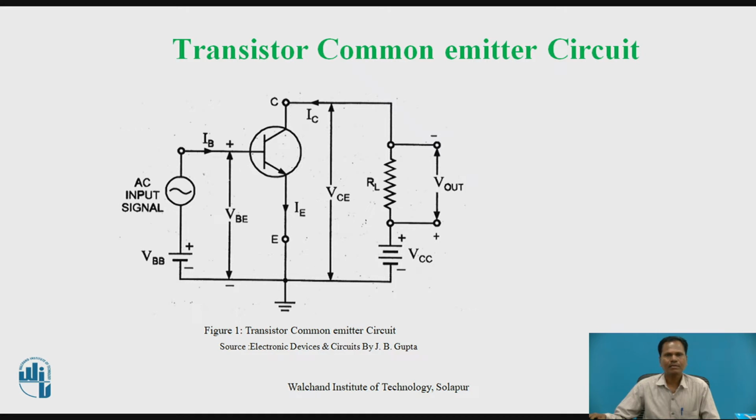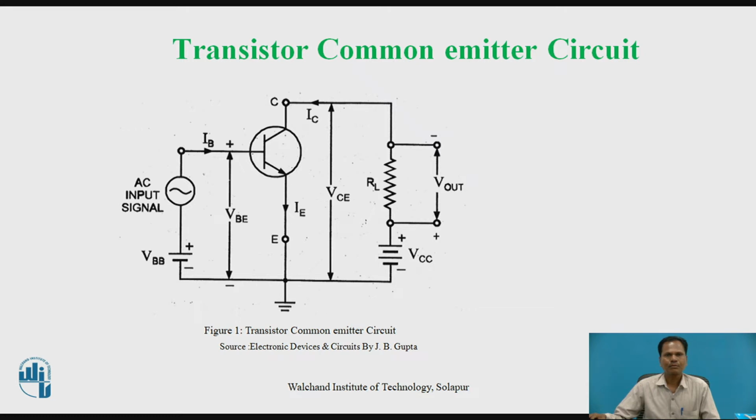So voltage VB, the base to emitter voltage, is the effective actual input voltage for a transistor. And the voltage taken from collector with respect to emitter is designated as VC. That is the output voltage of a transistor. And the current flowing in the collector terminal, the collector current, is the output current of a transistor.